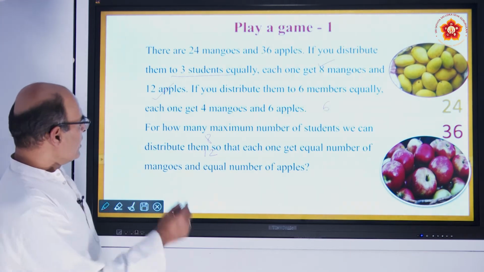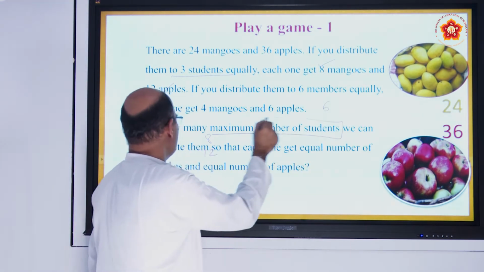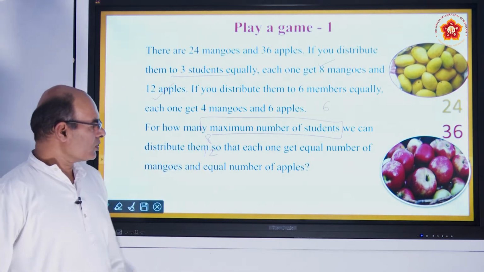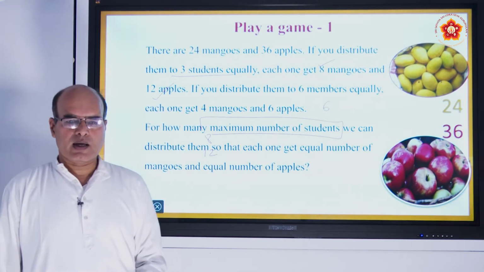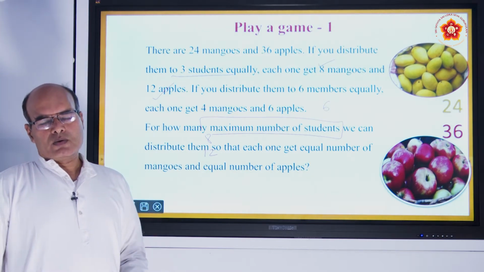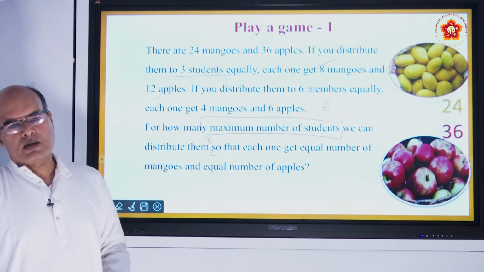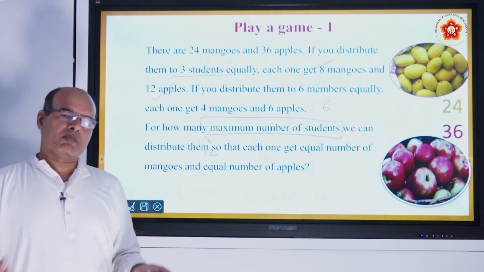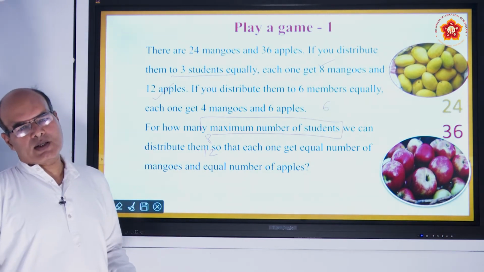The question asked here is, for what maximum number of students can we distribute them so that each one gets an equal number of mangoes and an equal number of apples. So we want to distribute to the maximum number of students, but everyone gets an equal number of mangoes and apples.